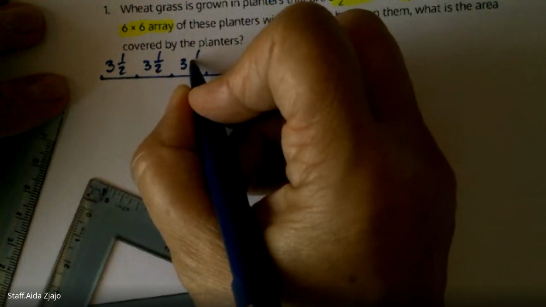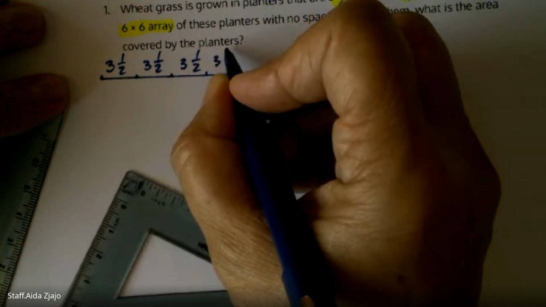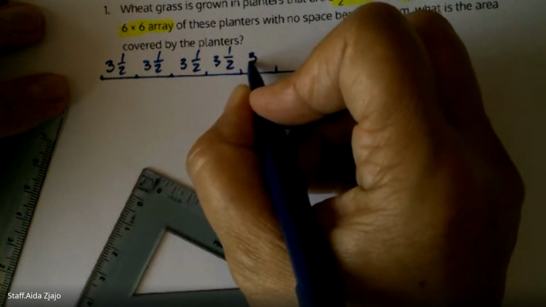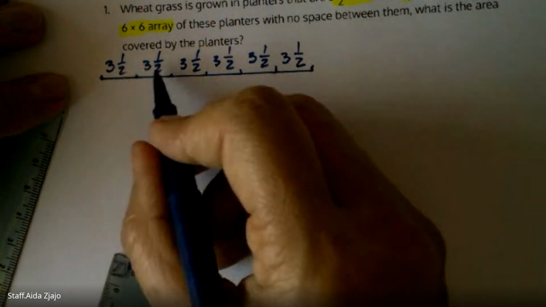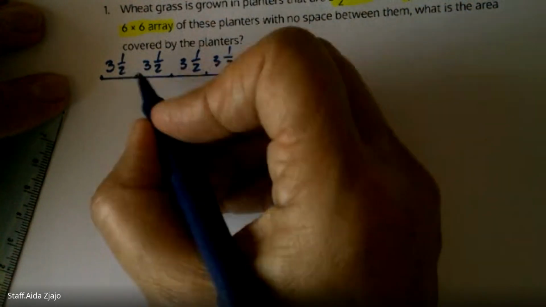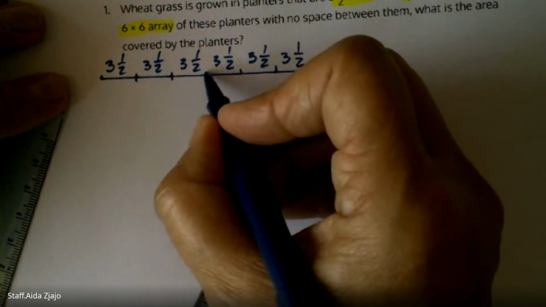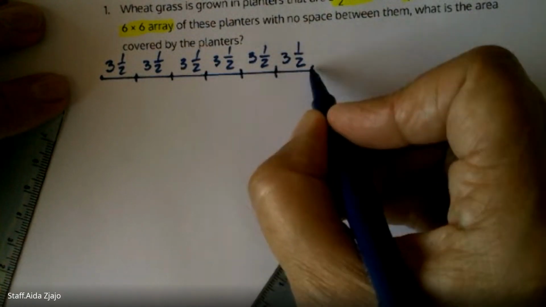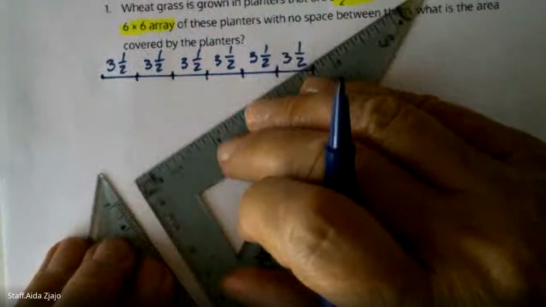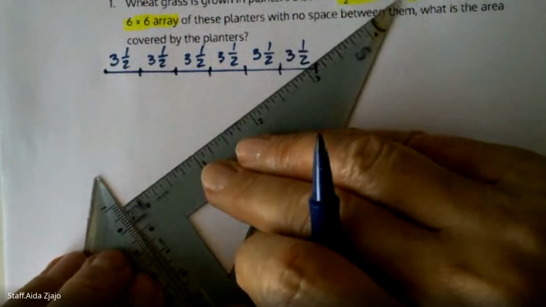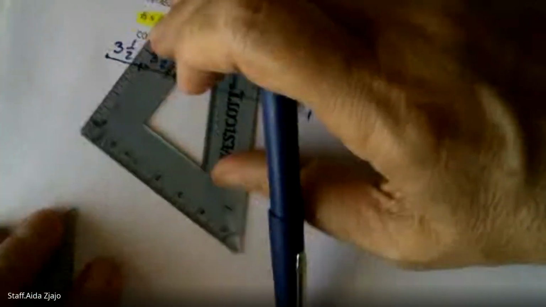I'm not going to write inches, but I'm just going to put that so you can see. And now I need the rows also 6, by 1 3/4 inch.